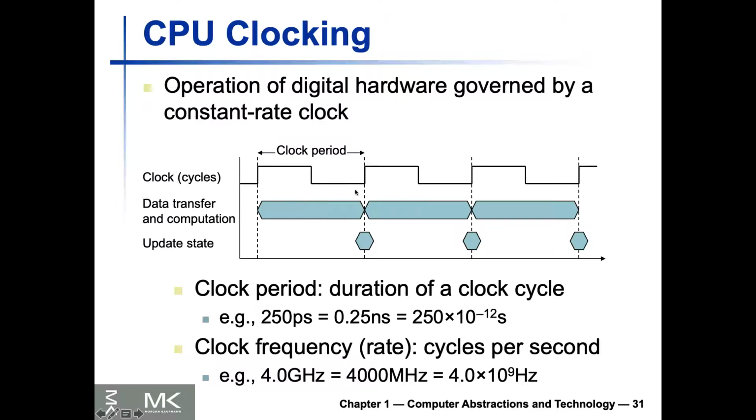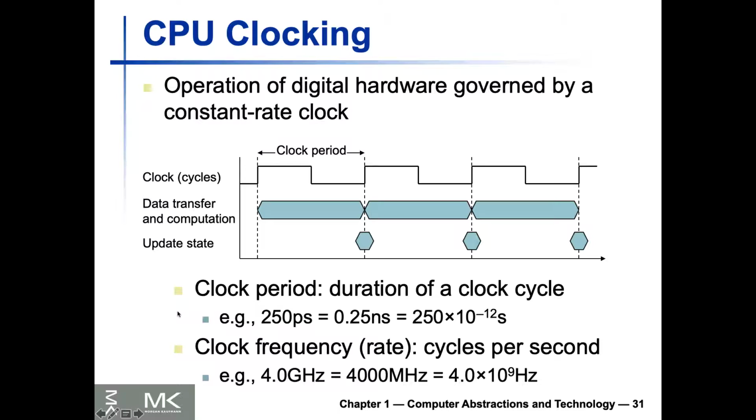So each time it goes 0 and 1, we're going to call it one clock period, right? The faster the clock is, the smaller your clock period, so the faster it can have cycles.